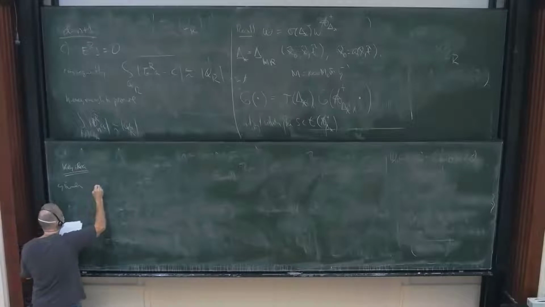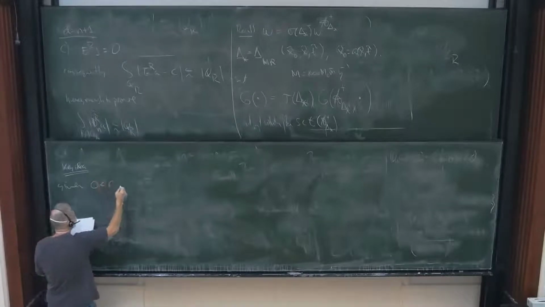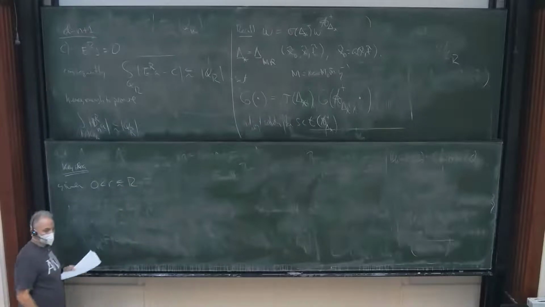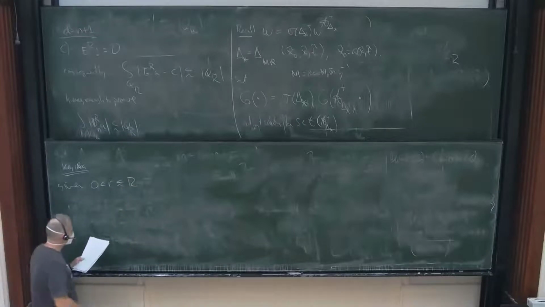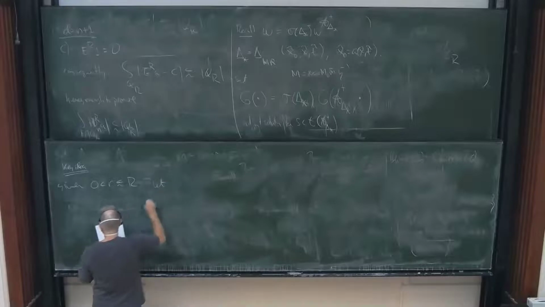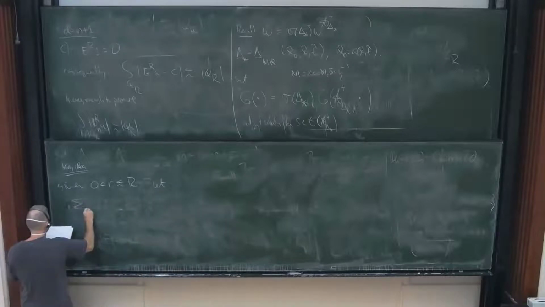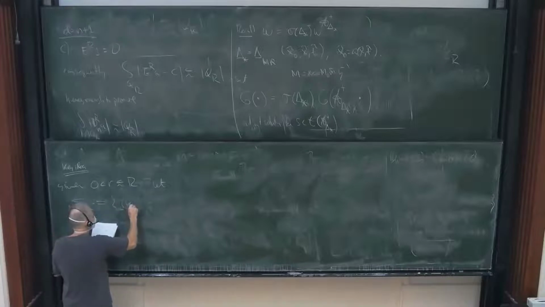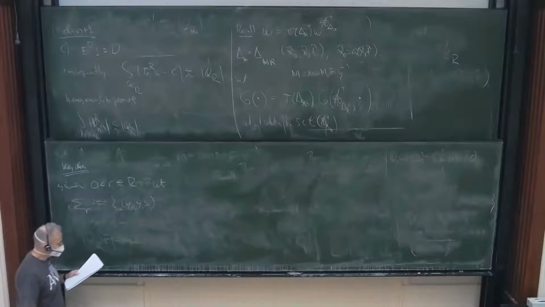So, given R positive, although it'll be less than or equal to this ambient scale capital R that we're always working with, we're going to let sigma R denote the level set for G, for this normalized green function. Okay?